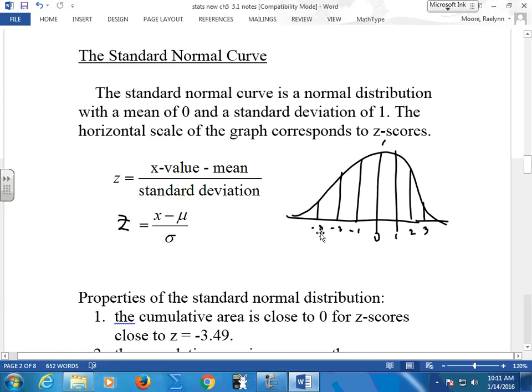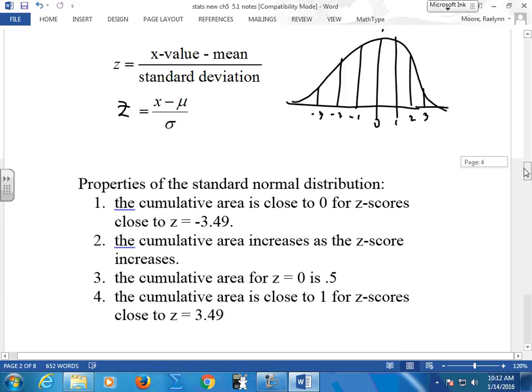It says this. It's got a few little things that we have to remember. And you remember this when you look at your table. I'm sure you'll remember this. It says, as your z-score gets closer to negative 3.49, okay, the area accumulated, and our area is always accumulated to the left. Make yourself a little note of this.